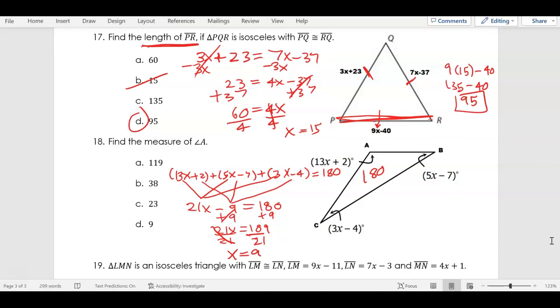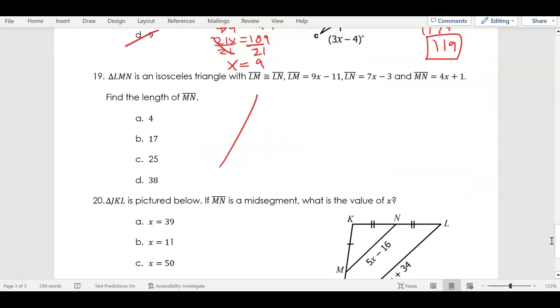So we found x is 9, but once again, that's not it, okay? Because I'm looking for angle A. So I'm going to take angle A, 13x plus 2, replace x with 9. 13 times 9 is 117. Adding 2 to that gives you 119 degrees. Okay. All right.